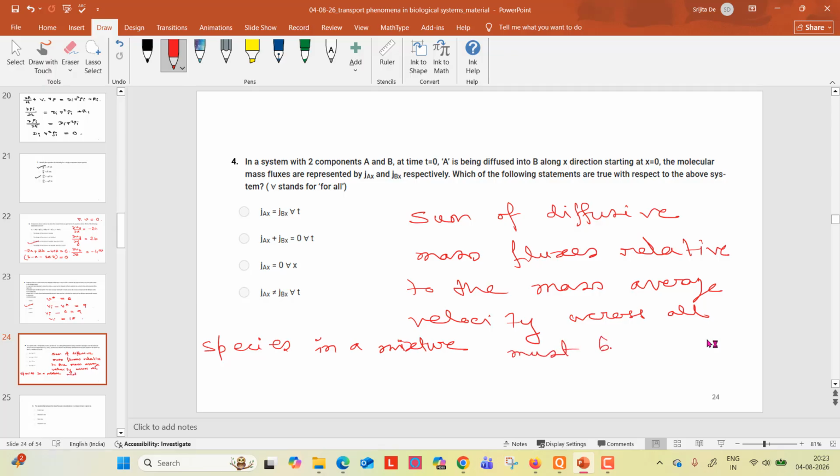So it will be option B, Jx plus Jbx equals 0 for all t. It is defined already.